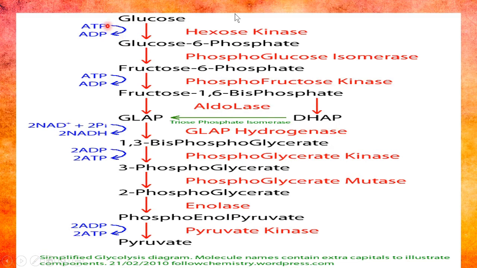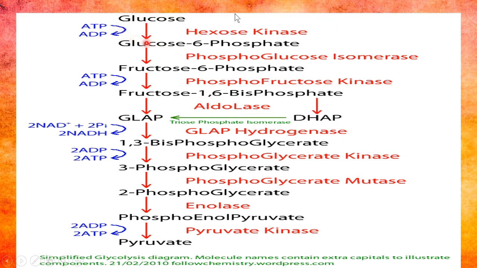In this reaction, one phosphate group from ATP is removed to produce glucose 6-phosphate and ADP. The third phosphate group of ATP gets attached to the 6th carbon of glucose. It means that here ATP investment occurs.